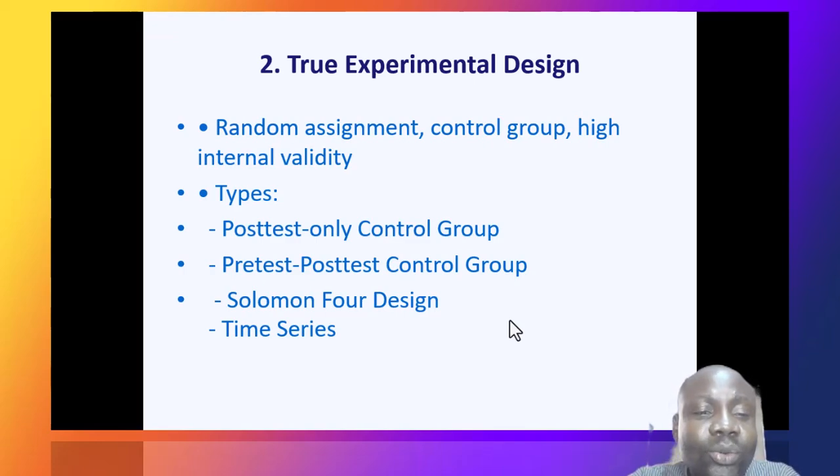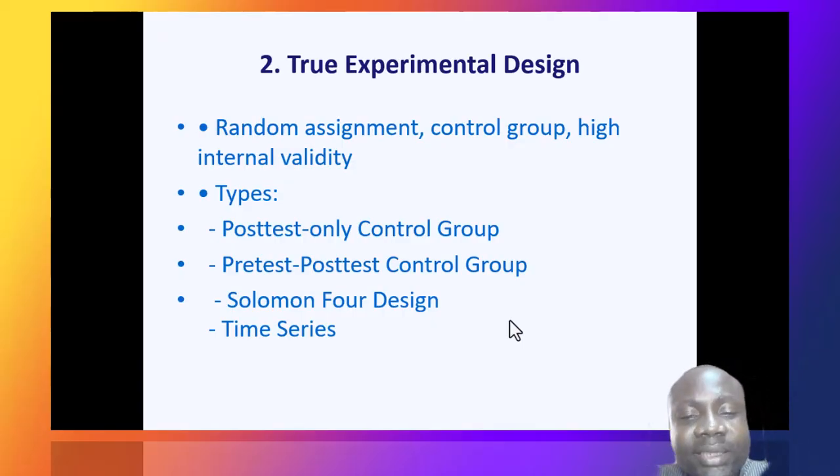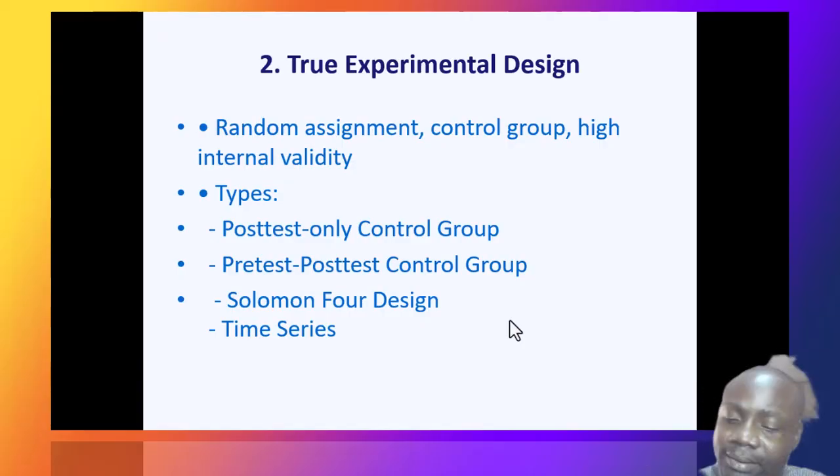So next to this, we will be talking about the types of the true experiment. There are many, but for the purpose of this video, I will talk about the post-test only control group, pre-test, post-test control group, Solomon four design, and time series design.